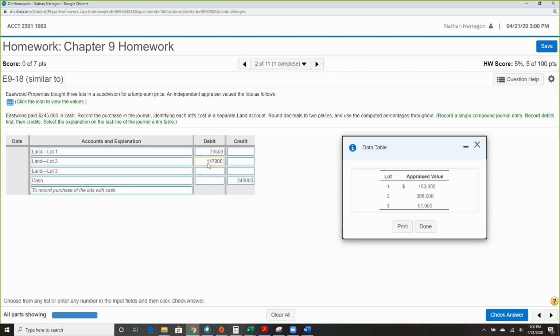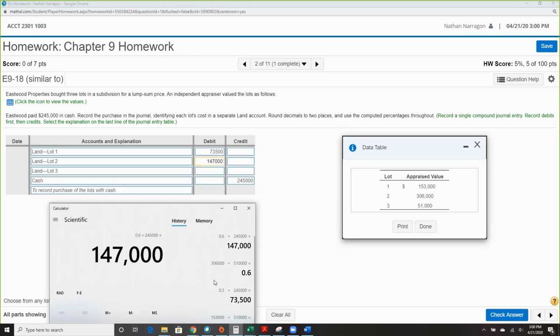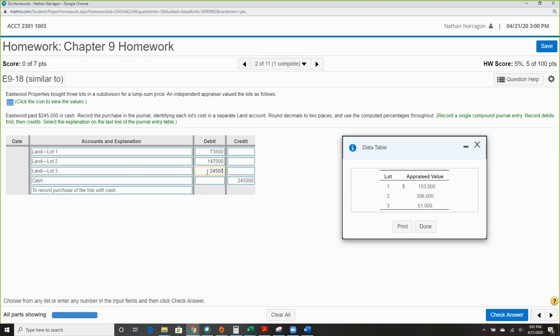That's gonna make us some money. Okay? And then last, we do number 3, which is only 51,000 divided by the total of the appraised. So it's only a little bit of 10%. Multiply that allocation percentage by our cash, and it would be 24,500. Okay. And that looks like that's it for this journal entry.